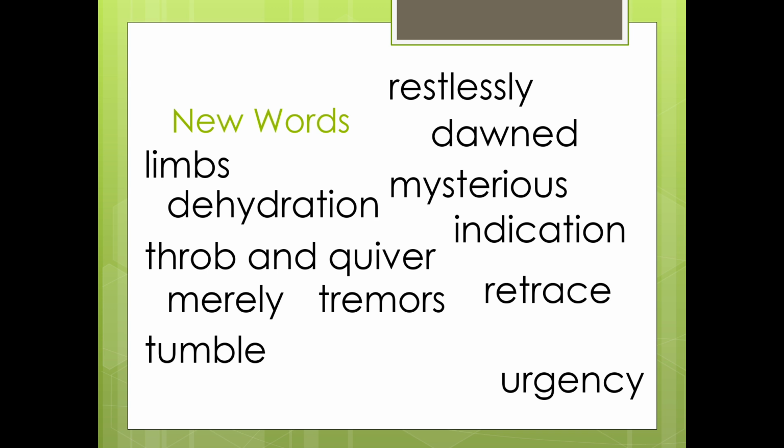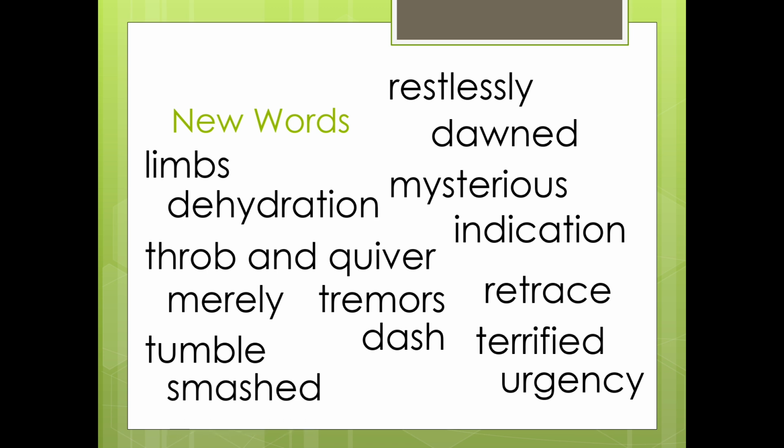When this happens, you say that it tumbled down. Terrified means frightened. Dash means run very fast. Rush and dash is the same. Smashed, it means crushed. Flattened means leveled. So these are some of the new words that you will encounter in this unit.